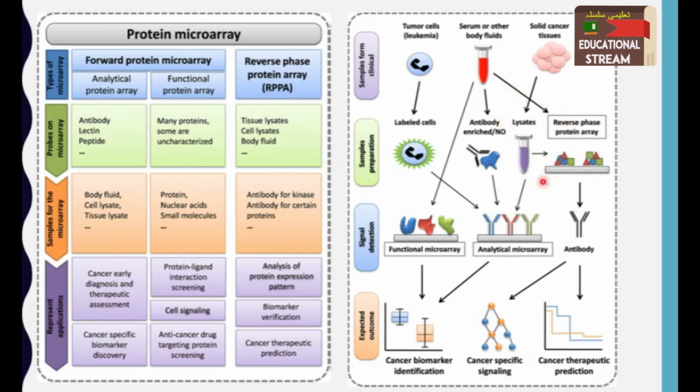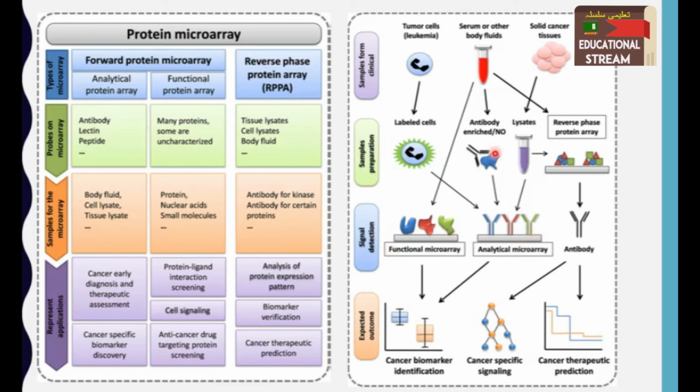We have prepared the sample, and now is the time to detect the signal. When different kinds of molecules interact with these samples, different kinds of signals are obtained, from which we obtain different kinds of information. So if the serum or other fluid contains certain proteins which interact with the functional microarray, we are able to identify the cancer biomarker.